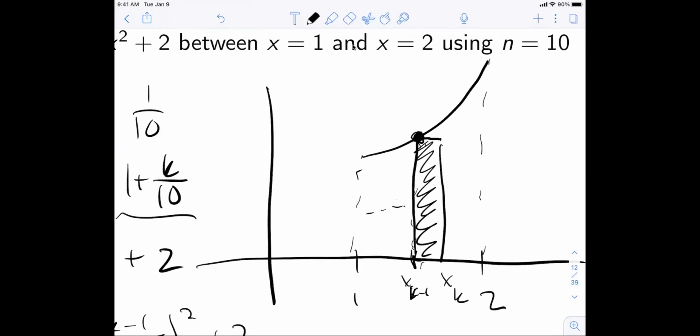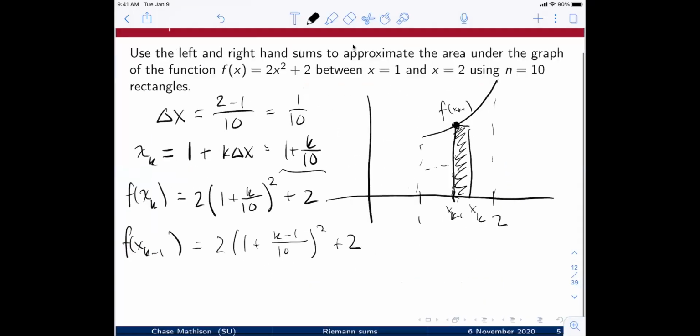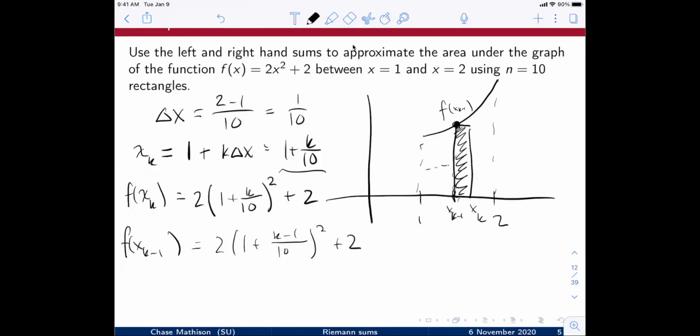So I'm coming up from xk minus 1, right? So this is just f of xk minus 1. So the height of that general rectangle there is f of xk minus 1.